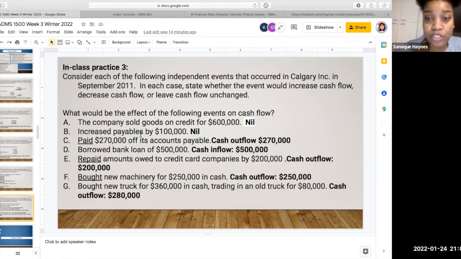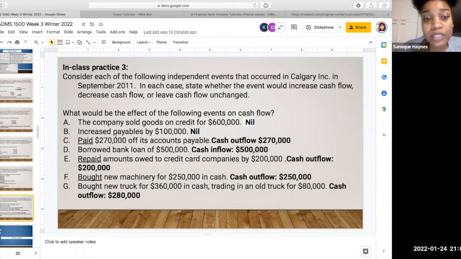What happens if accounts payable goes up or down? So yes, in your cash flow statement, you would have added that back if the payables had increased. You would add that back to your net income figure. But this question is asking us, in each case, state whether the event would increase cash flow or decrease cash flow, or leave the cash flow unchanged.